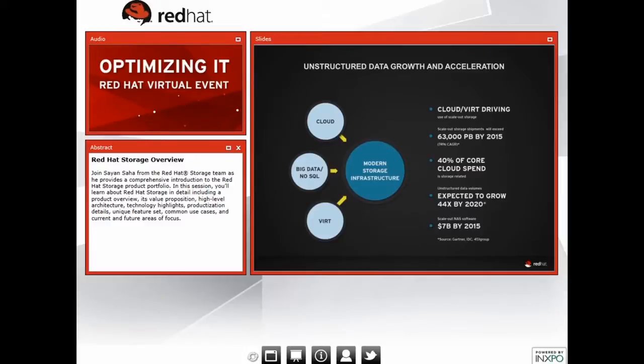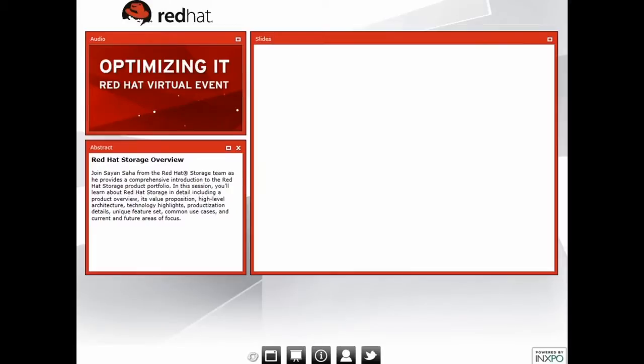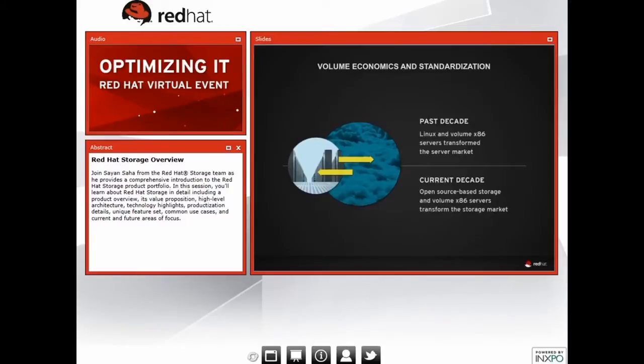So as a consequence, we'll go to the next slide. What we see is that there are some very interesting factors at play, where the traditional storage market is ripe for disruption, because volume x86 economics can play in this market in exactly the same way it has played in the x86 server market in the last decade.